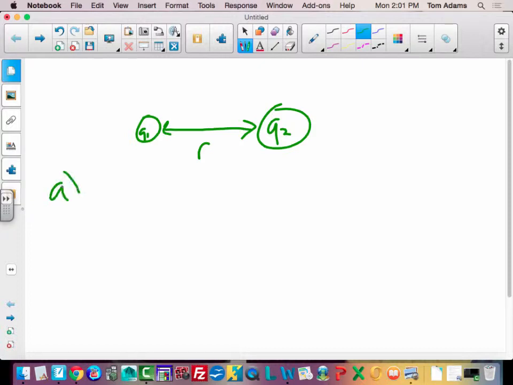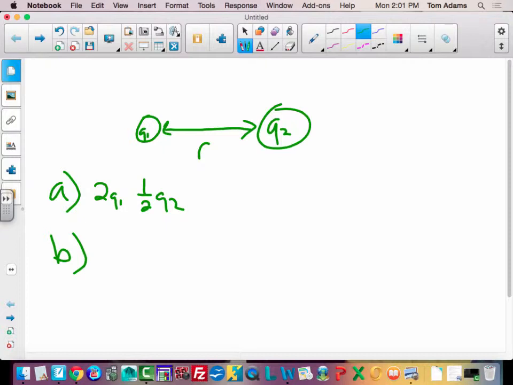So for part A, if Q1 is twice its charge, so we would say 2 times Q1, and then Q2 is 1/2 Q2. Part B says, how would this affect their original force?